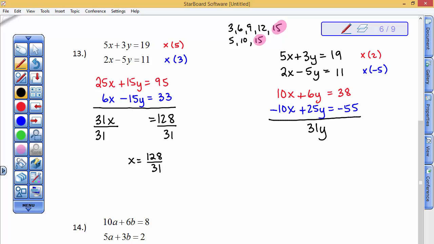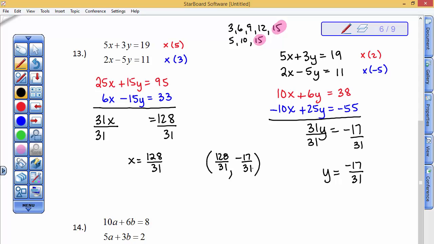Again, the x's disappear. 38 minus 55 is, I think, 17 negative. And then I divide both sides by 31 to solve for y. And so y is equal to a -17 over 31. My ordered pair is 128 over 31 and a -17 over 31.